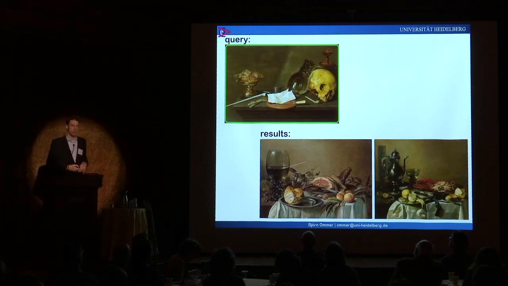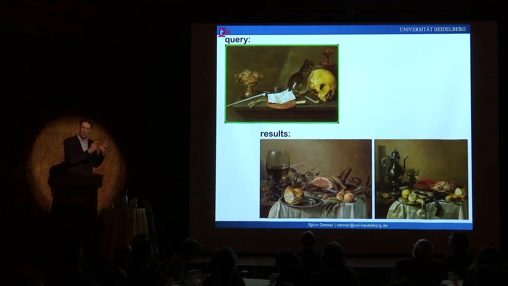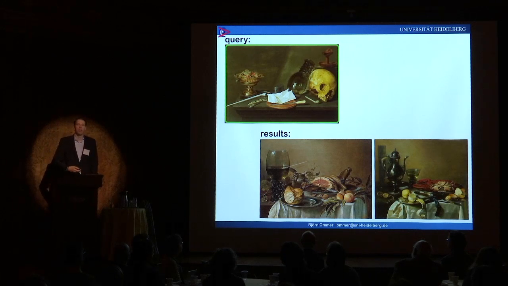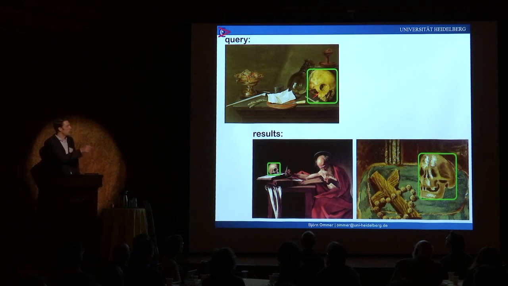And that means that when we build a retrieval system that kind of went into this web-based system that Sabine will give you a few more examples about afterwards, when we built our retrieval system, we were, sure enough, starting with queries, which is like, okay, this is the entire image, it's a still life, find me other objects which are similar, and yeah, sure enough, you find other still lifes, but that might not be what you're actually looking for. Okay, so you go for a bounding box, right, and you take this skull here and you find other scenes where this is, but that's probably also not what you're looking for.